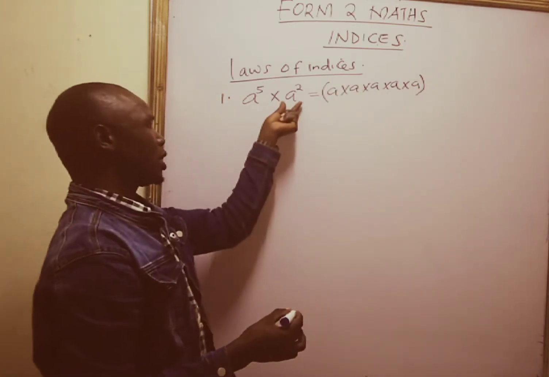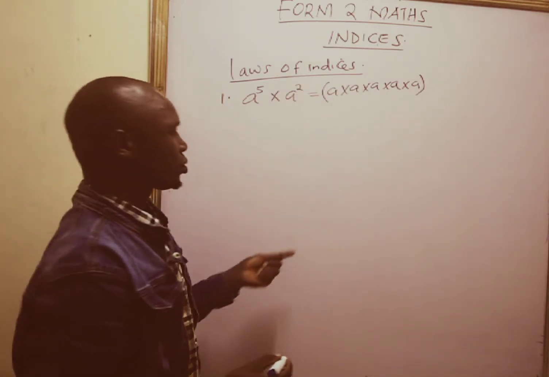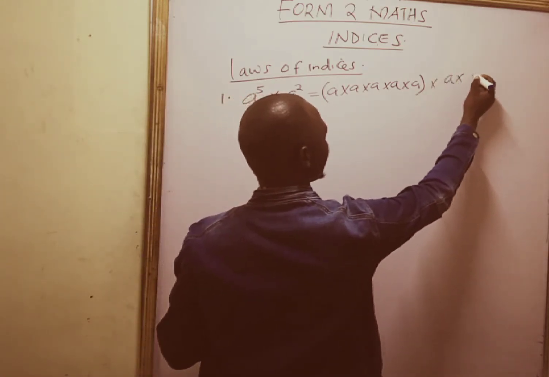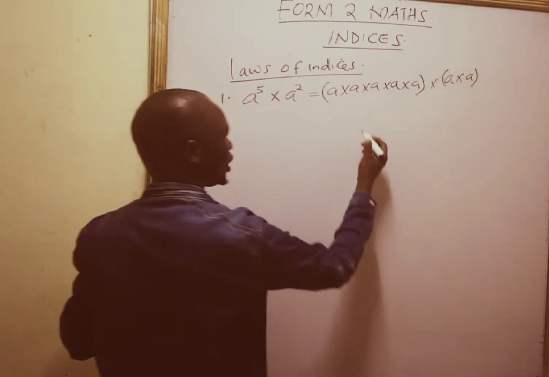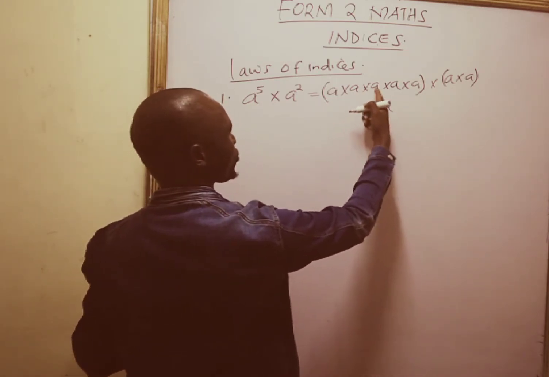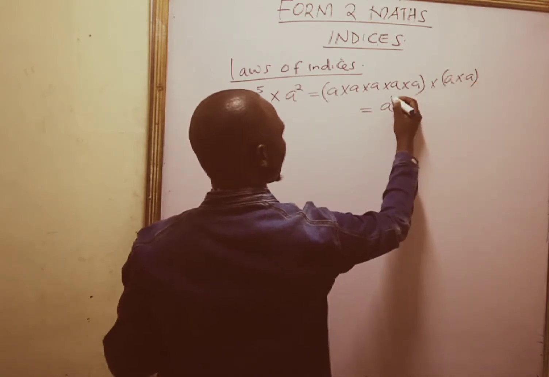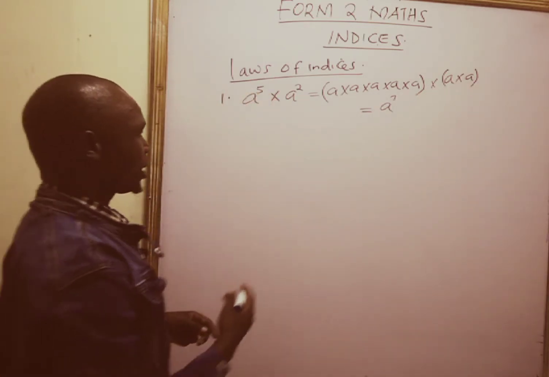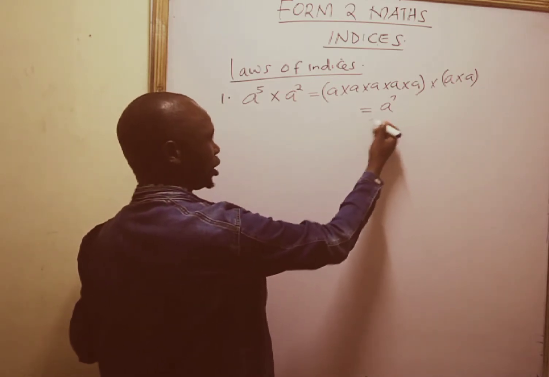Then of course a raised to power 2 means it is a times a. In total we are going to have a raised to power 1, 2, 3, 4, 5, 6, 7, and that becomes the answer to that particular part.